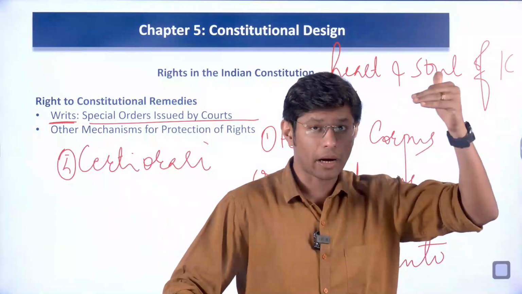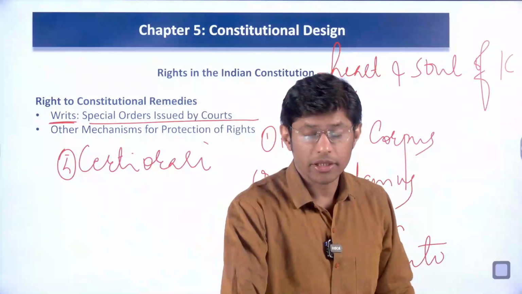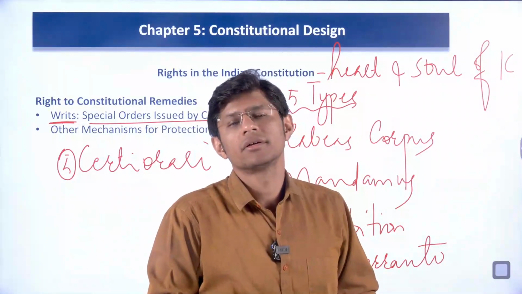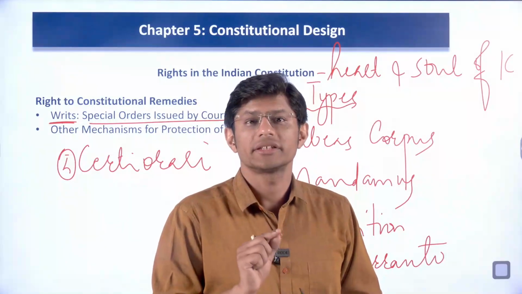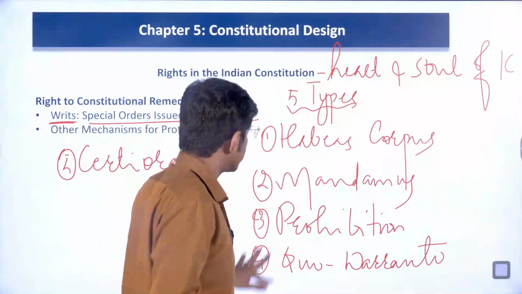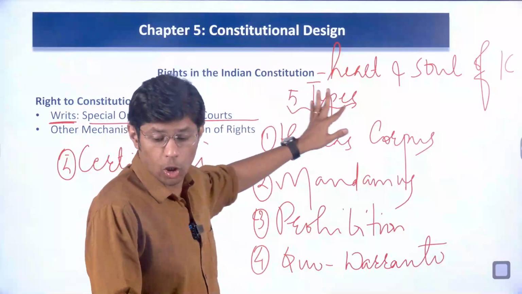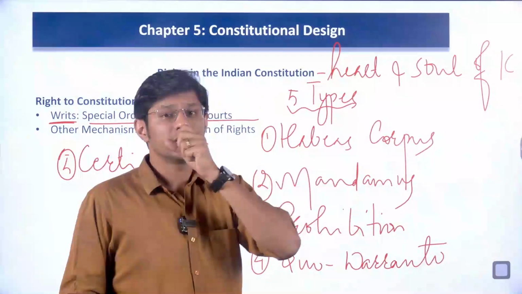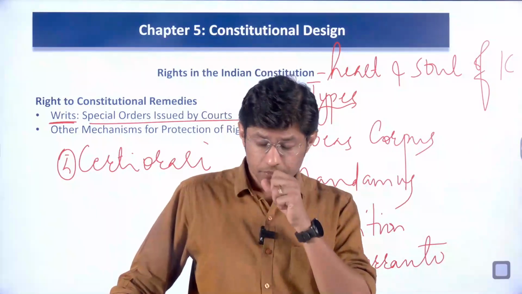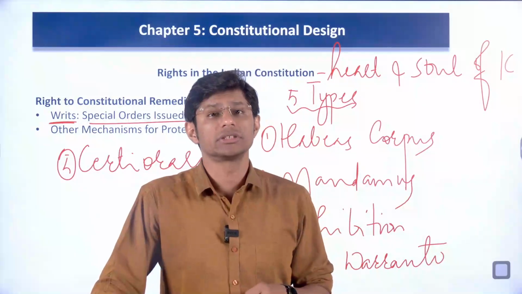The High Court has the power to transfer a case from, let's say, a lower court to the High Court. This is referred to as certiorari. These are the 5 types of writs which the Supreme Court or High Court can issue when the rights of individuals are violated.